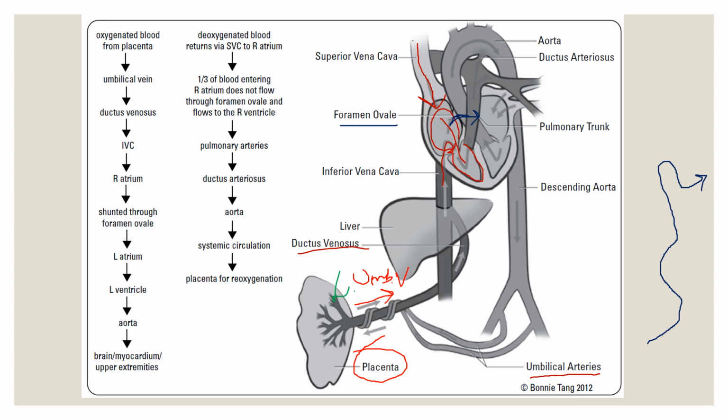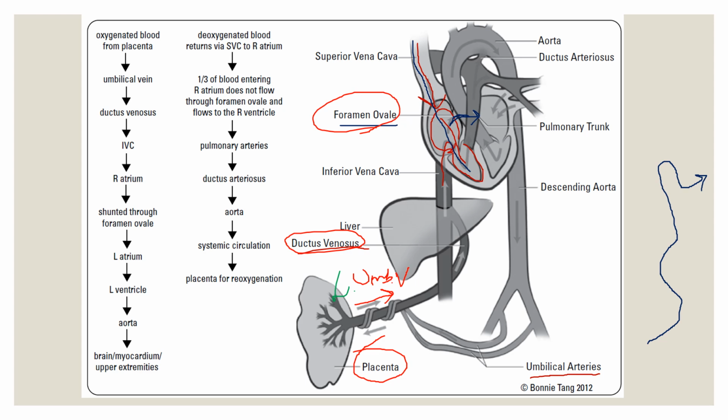And the blood from the SVC, which is mostly deoxygenated, goes to the right ventricle. So it minimizes the mixing, so that mostly oxygenated blood reaches the left atrium by the foramen ovale. So this is another extra connection that is there in the fetus. We have a ductus venosus, and we have the foramen ovale.